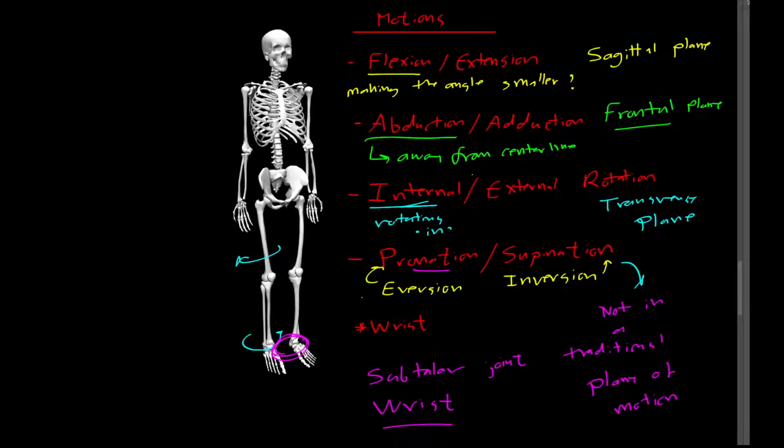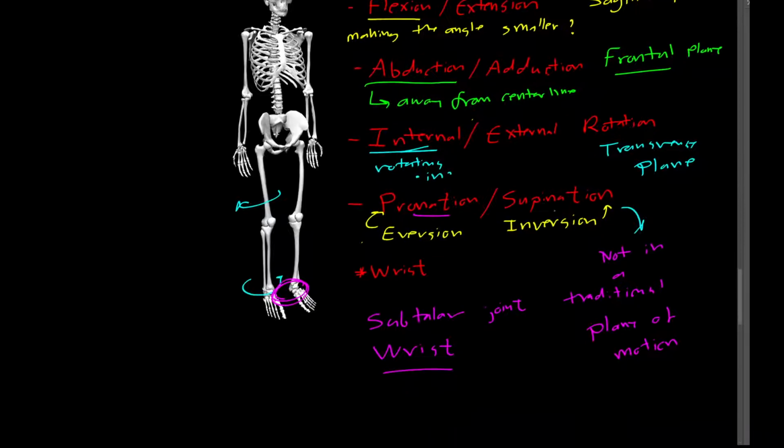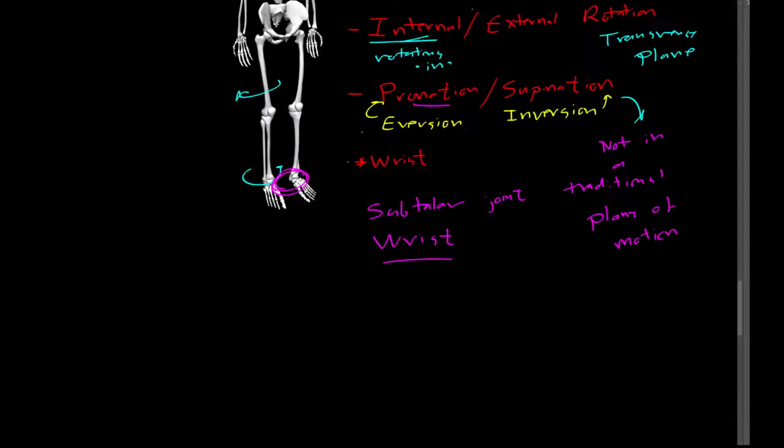But the other place you see pronation and supination that's less weird is at the wrist joint, right here. In the anatomic position, which is what we're looking at right now, with the palms facing forward and the thumb facing out, this is the wrist in a supinated position. So let's make a note down here.